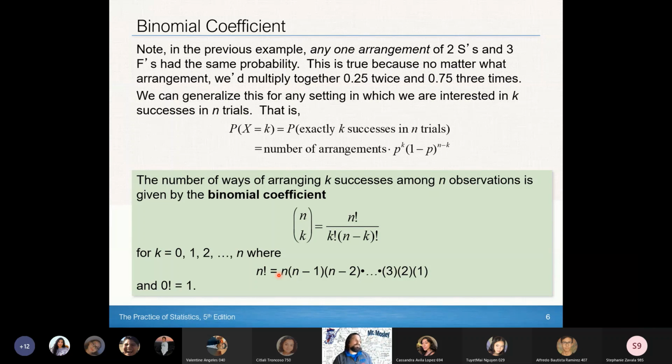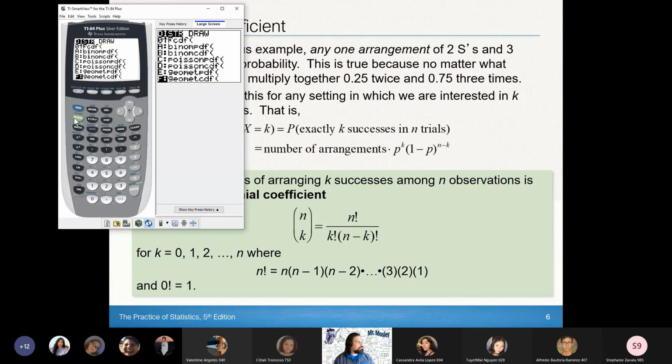You can also do this calculation on your calculator. If I want to do 5 choose 2, which is what we did in this previous example with the children and the type O blood, we'll say 5, and then click on the math button.